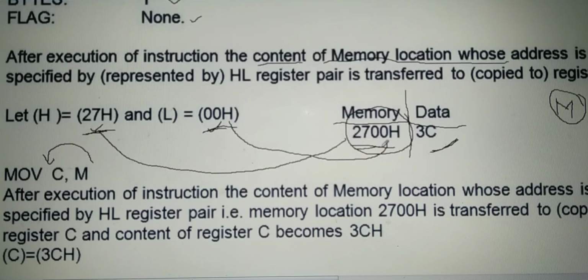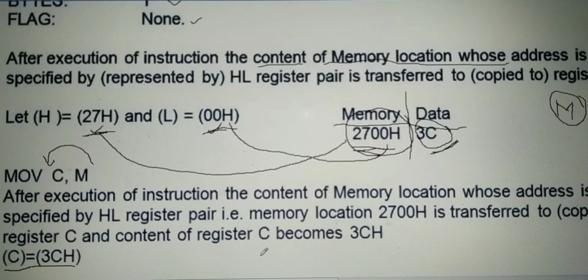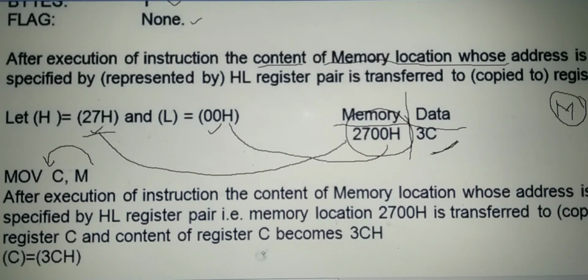Go to that particular memory location. Whatever number is present at that memory location, that number is to be brought to register C. That means in this example, after execution of the instruction, the content of register C becomes 3C.